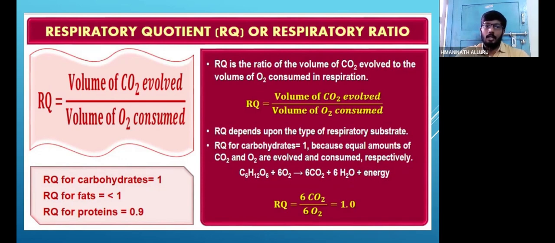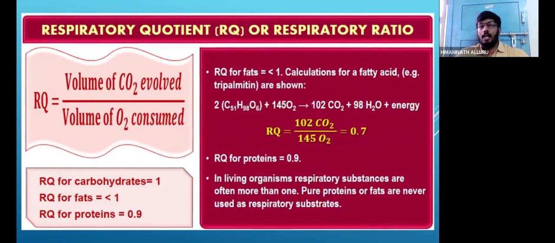For this, definitely the prerequisite is that the equation is very important. We have to give how much oxygen is utilized and how much carbon dioxide is produced. They must know how much carbon dioxide is produced and how much oxygen is utilized. Then only they will be able to calculate it correctly.